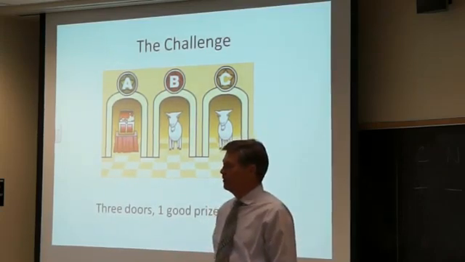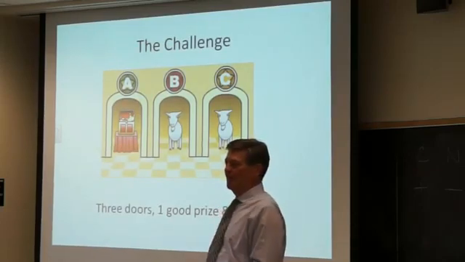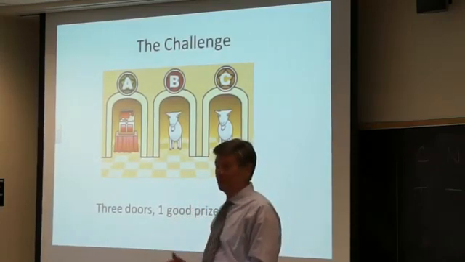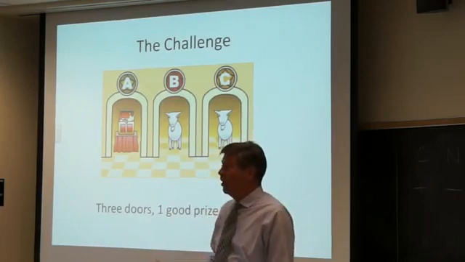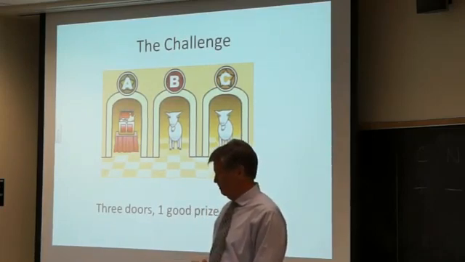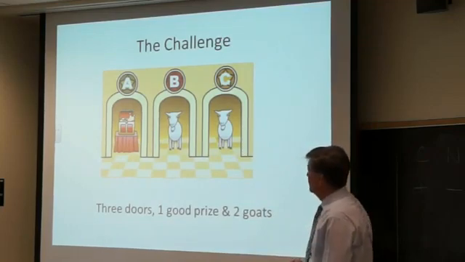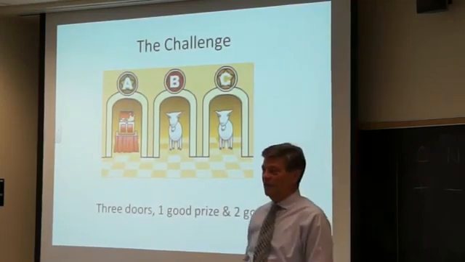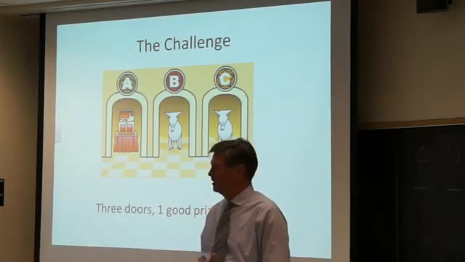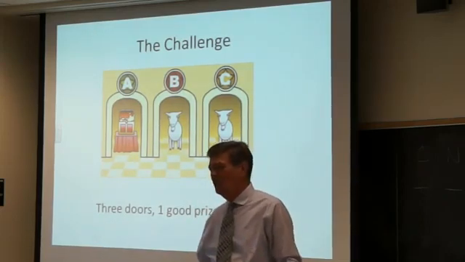Behind the other 2 doors was junk, which we symbolize with goats. So if you're lucky, you win a car. If you're not lucky, you get a goat. Now, pretty straightforward probability. What's the chance I'll get the car on my first guess? 1/3.